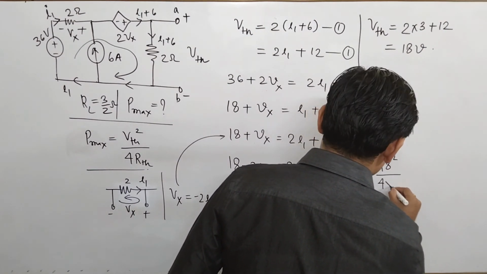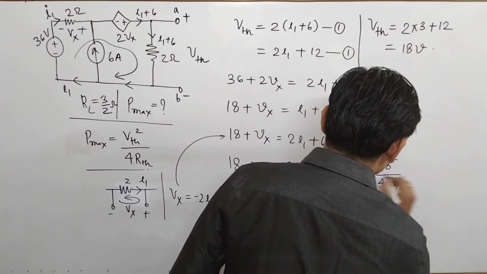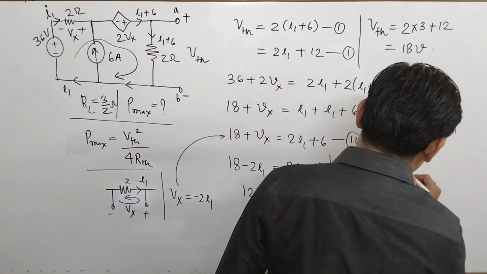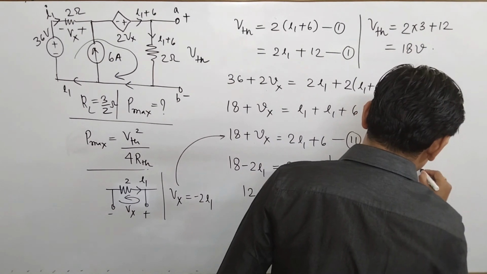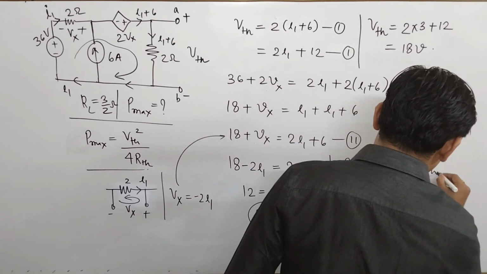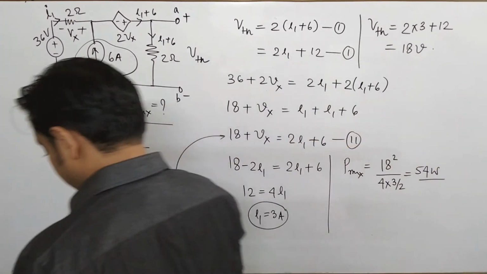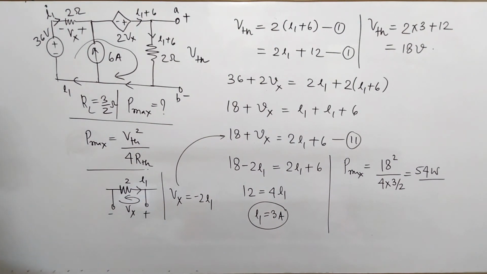RTH is how much? It is 3 by 2. So that comes to be how much? 54 watt. So with this we have found the value of Pmax as 54 watt.